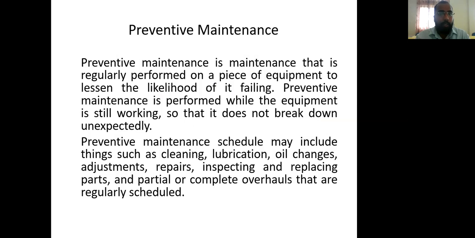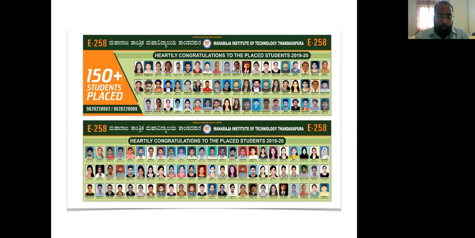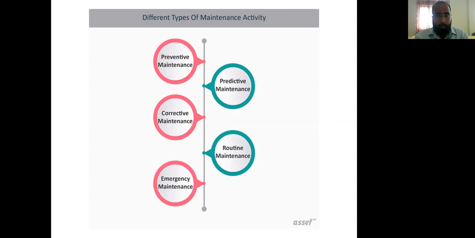Preventive maintenance is regularly performed maintenance to reduce the likelihood of failing. I can explain with an example. Preventive maintenance and corrective maintenance are the two important maintenance types of a system. Let me take a simple example. We have bikes, right?